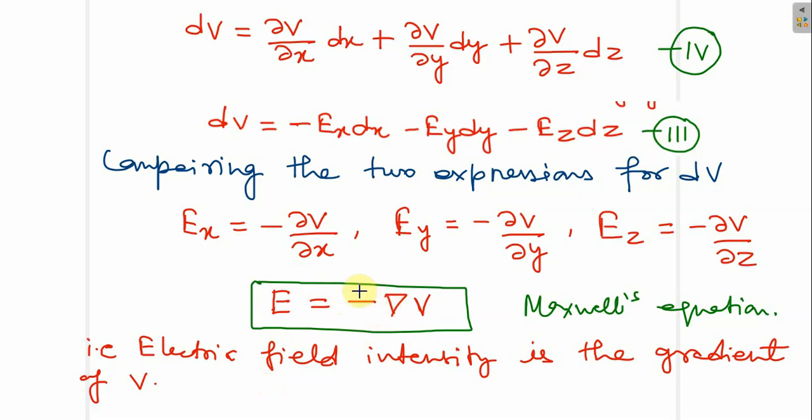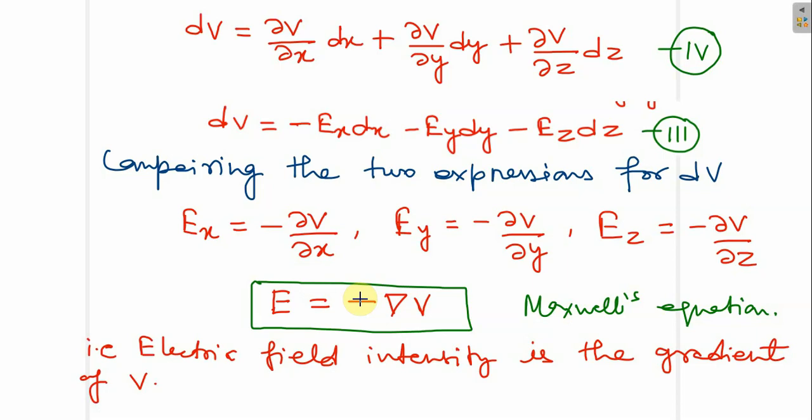This negative sign shows that the direction of E is opposite to the direction in which V increases. So if V increases, the electric field intensity would be directed opposite to it. This is represented by this negative sign. So E equals minus del V. It is a very important relation.